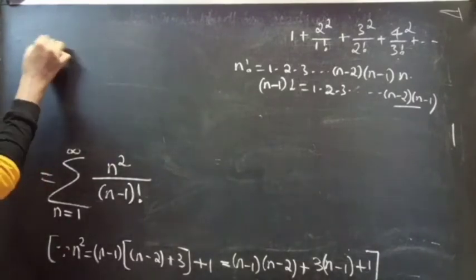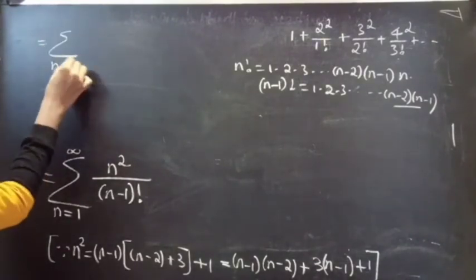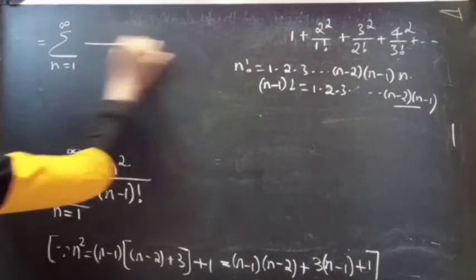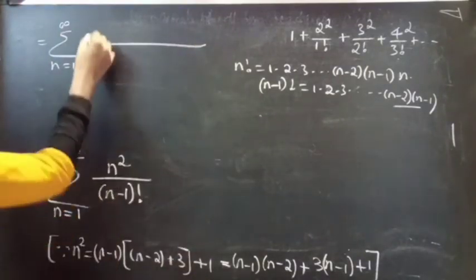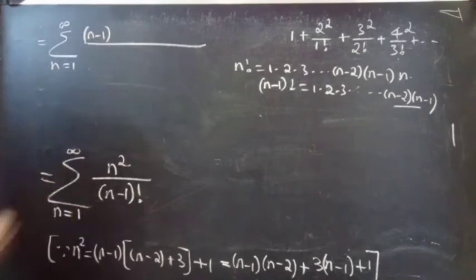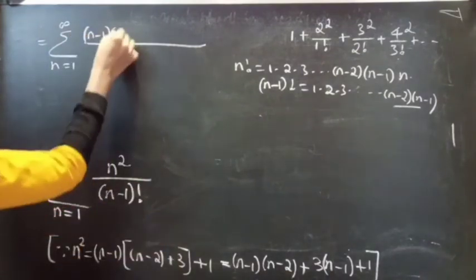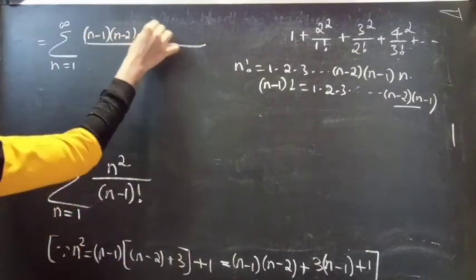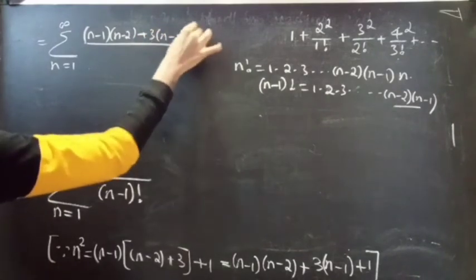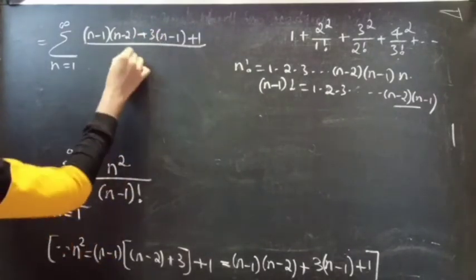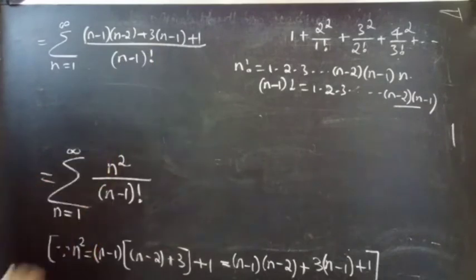So this becomes summation n equals to 1 to infinity. Now replace n square by this expression: n minus 1 into n minus 2 plus 3 into n minus 1 plus 1, by n minus 1 factorial.